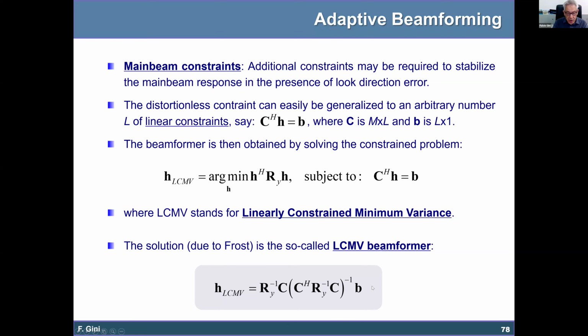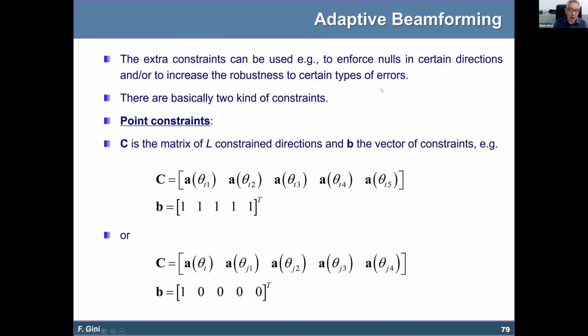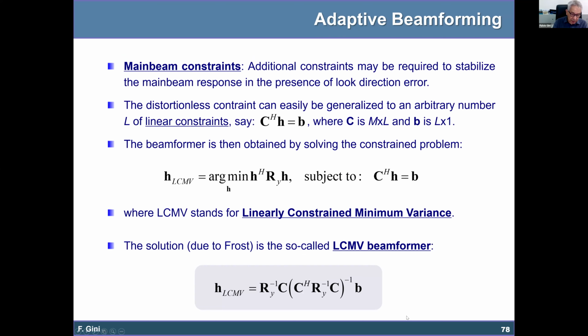This is the solution. So the solution depends on the covariance matrix of the data. And so, I mean, it cannot be implemented as it is, but it should be made adaptive. So we should replace in the expression R_y with its sample estimate. And so in this way, we obtain the adaptive version of the linearly constrained minimum variance beamformer.